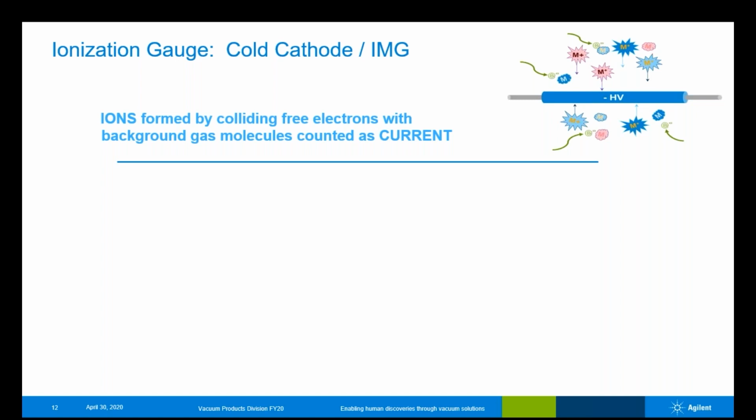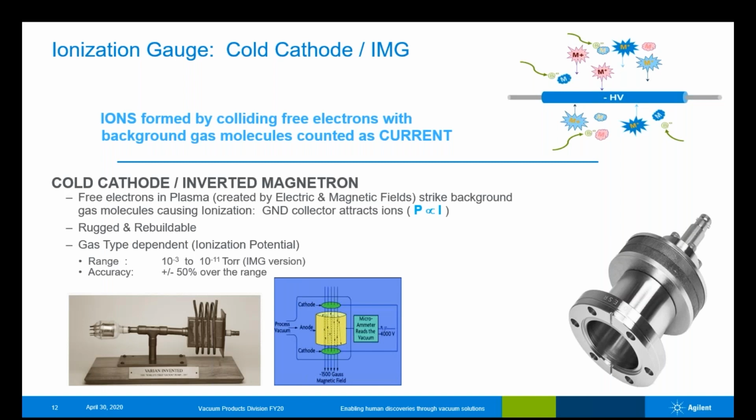Those ions are going to be attracted towards that negative voltage. If we get enough of those hitting the surface, we can actually measure a finite current. And that current, of course, would be proportional to the gas density inside our chamber or inside our vacuum gauge.